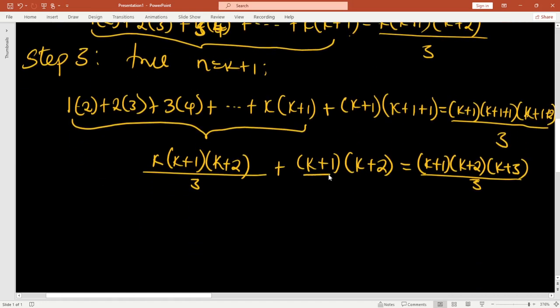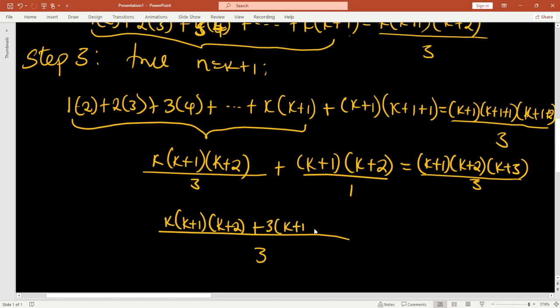Here, this is the same as over 1. So now we make this a single fraction by saying the common denominator is going to be 3. Then 3 into 3, we get 1. 1 multiplied by what we have here, which is k open brackets k plus 1, k plus 2, plus 1 into 3, we get 3. 3 multiplied by what we have there, we're going to have 3, k plus 1, k plus 2.